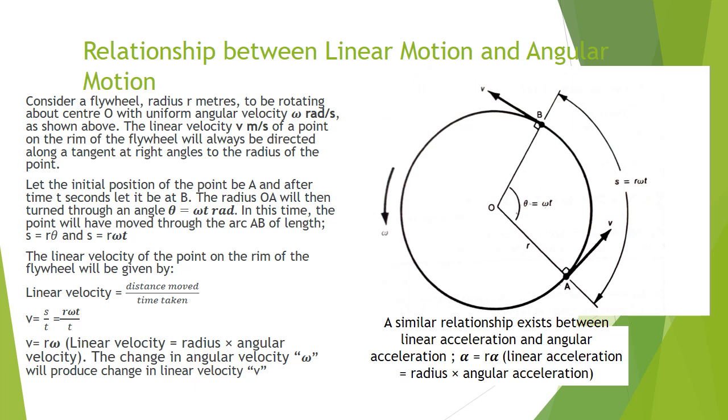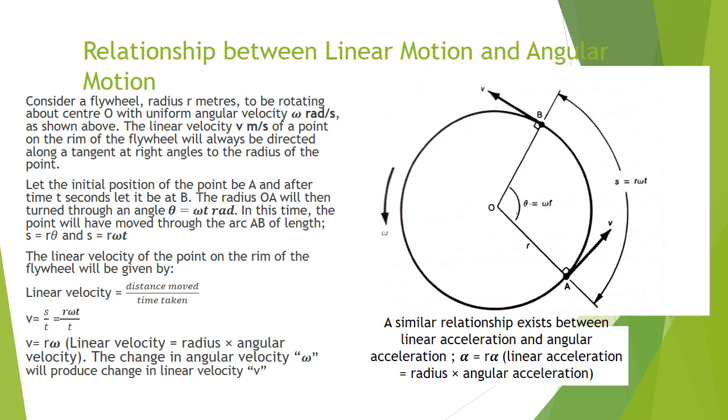Now the linear velocity of the point on the rim of the flywheel will be given by linear velocity is equal to distance moved over time taken. So v is equal to s over t, which is equal to r omega t divided by t. So now v will reduce to r times omega, which is the linear velocity, given as radius times the angular velocity.